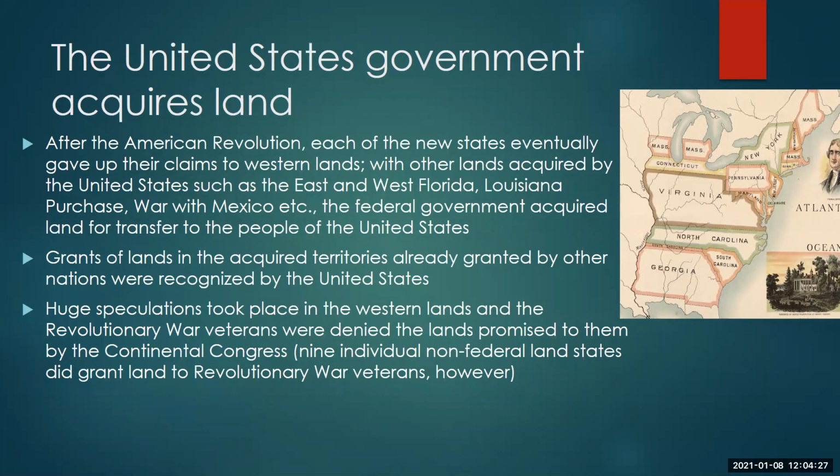If you lived long enough, Congress eventually paid you what it owed you for serving in the Continental Army, but most of the Continental soldiers never saw the land that they were promised. However, nine of the original 13 states did grant land to Revolutionary War veterans. But that's not federal land, that's state land.